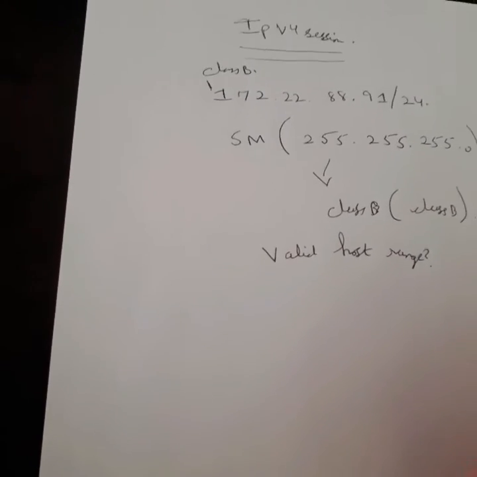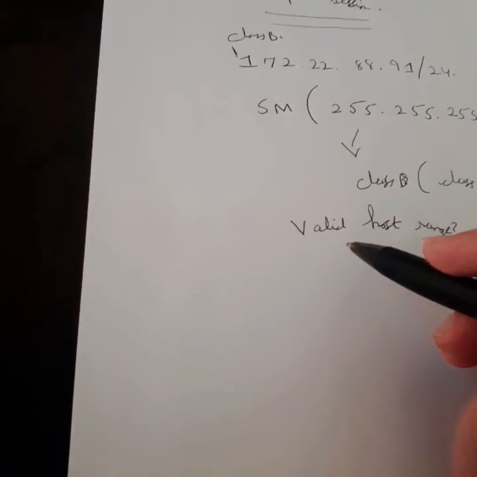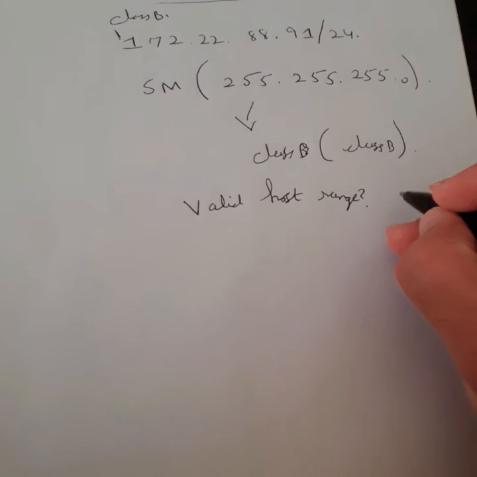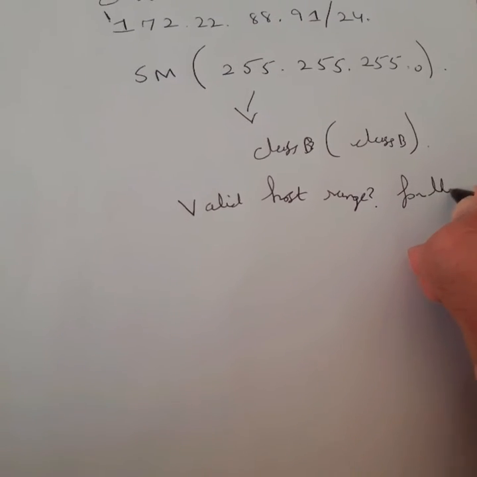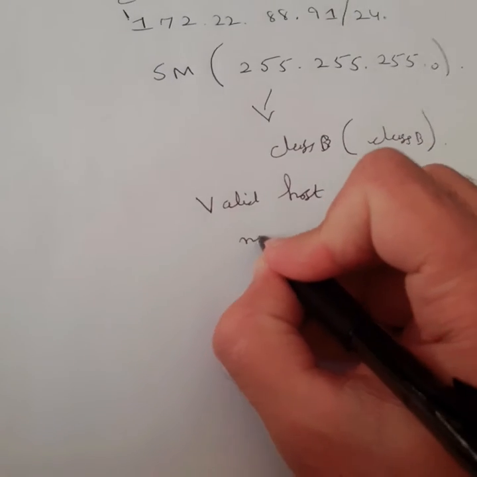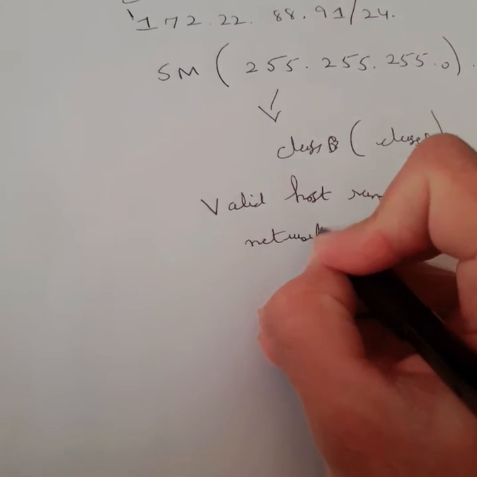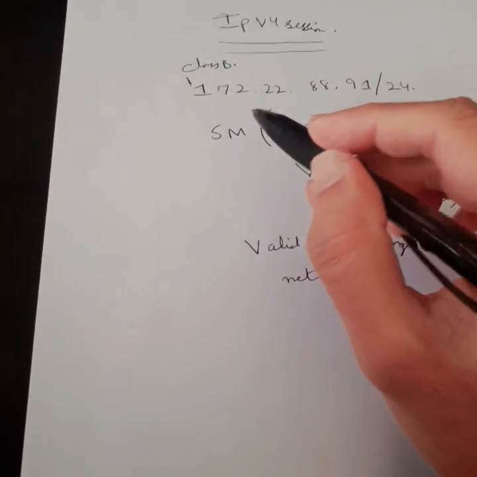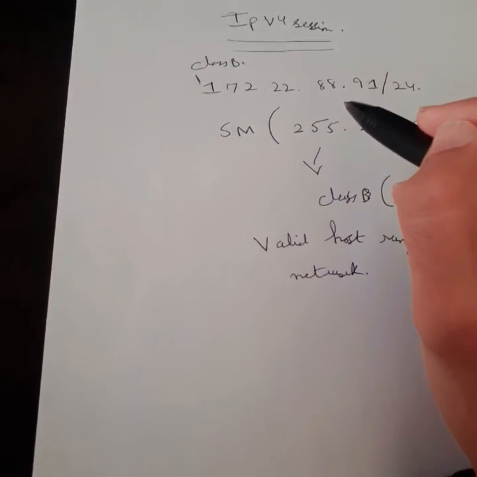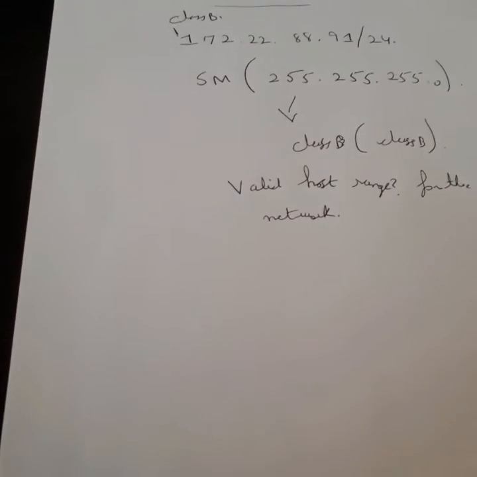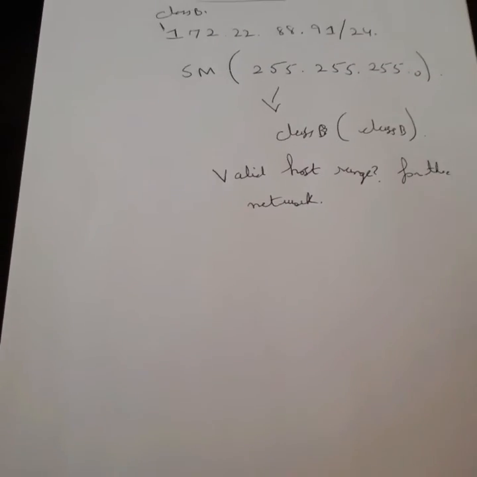I repeat: we have to find out the valid host range for the network where this IP address, 172.22.88.91/24, as we have simplified it, resides.